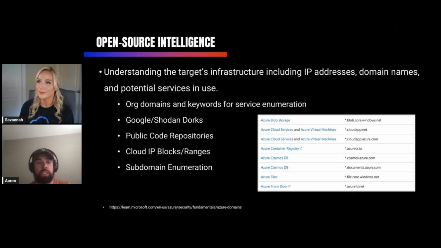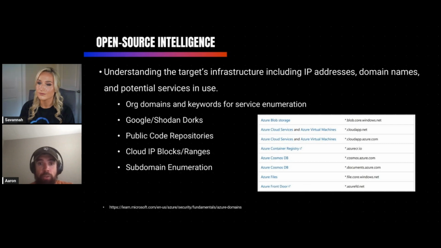Moving into discovery, we're going to start with open source intelligence. Like I said, on a traditional pen test, you'll likely do open source intelligence against a target environment. In this case, we're strictly speaking about open source intelligence as it pertains to cloud resources. It follows the same attack path.